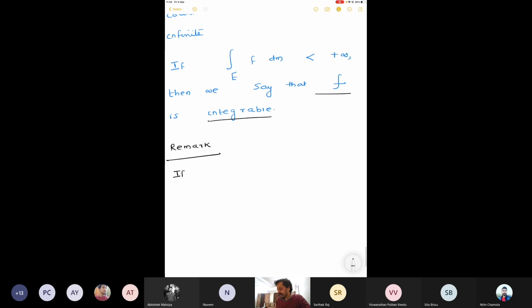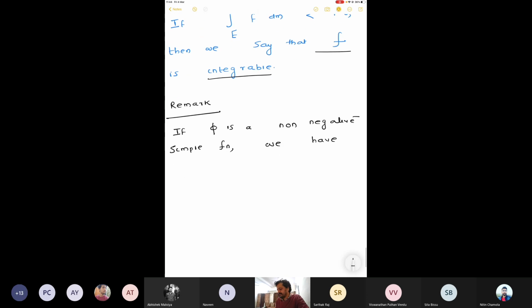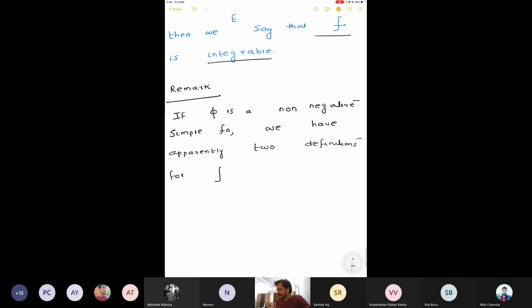If phi is a non-negative simple function, we have apparently two definitions for the integral of phi dm, from level 0 and level 2.